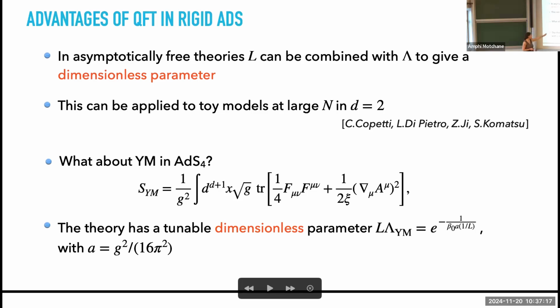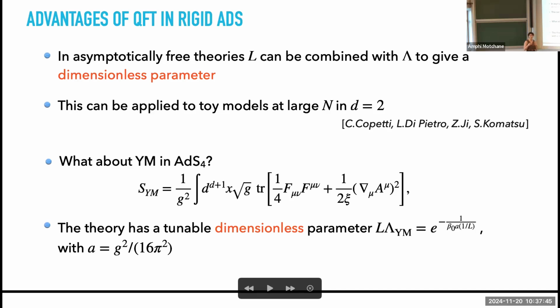So we take Yang-Mills theory in rigid AdS, and we tune the value of L lambda Yang-Mills to interpolate between different regimes. L lambda Yang-Mills is defined as follows. When the gauge coupling is sufficiently small, L lambda Yang-Mills is small. So again, when the radius of AdS is small, the theory is weakly coupled. When it's large, the theory is strongly coupled.